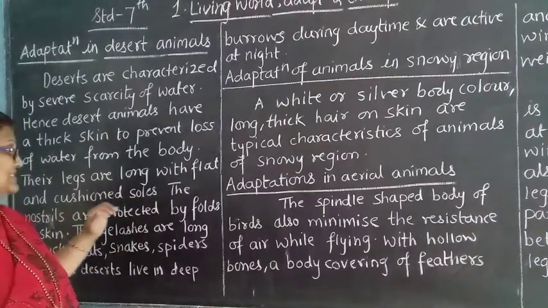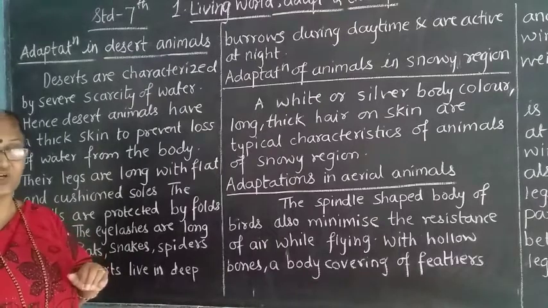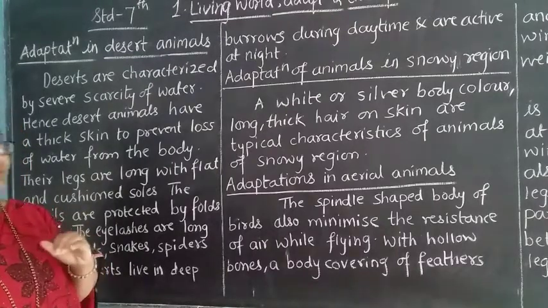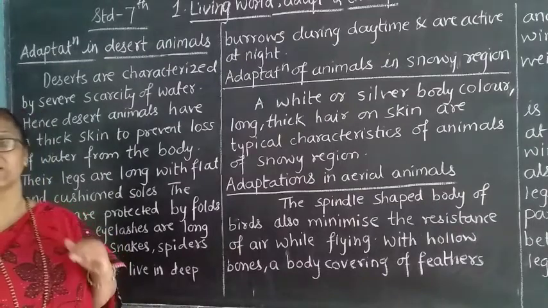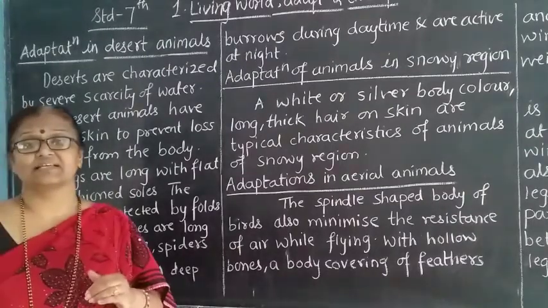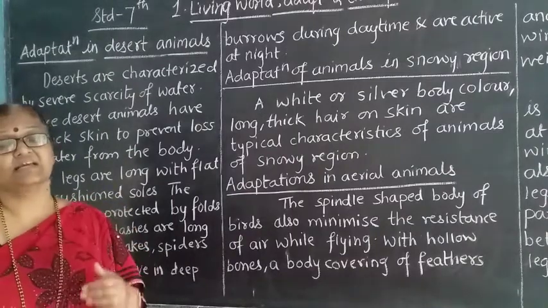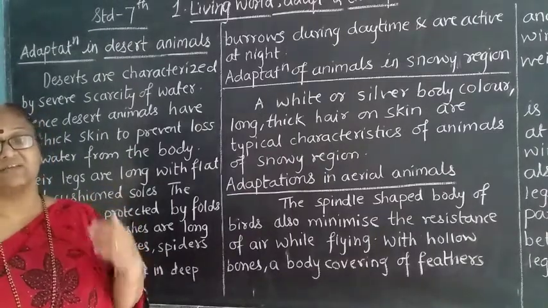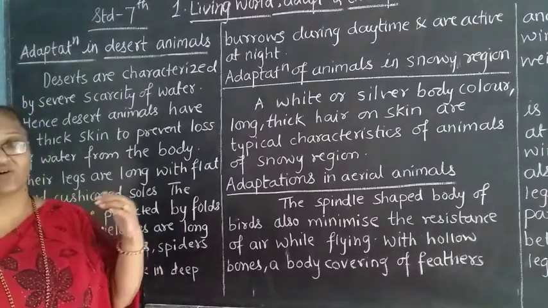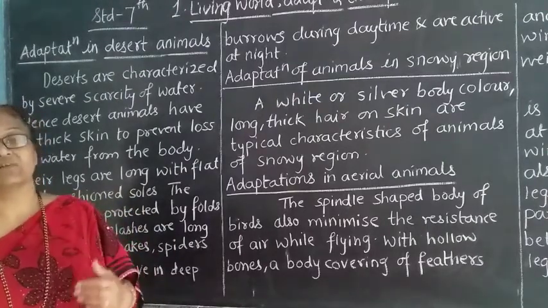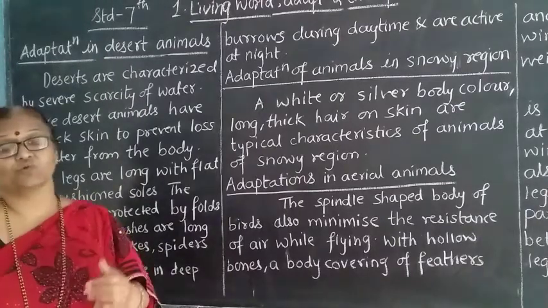The nostrils are protected by folds. They have nostrils and the nostrils are protected by folds of skin. Why are these nostrils protected by folds of skin? Because in a desert there are winds. As the winds come, sand may come from one place to another, and this may go into the nose of the animal.